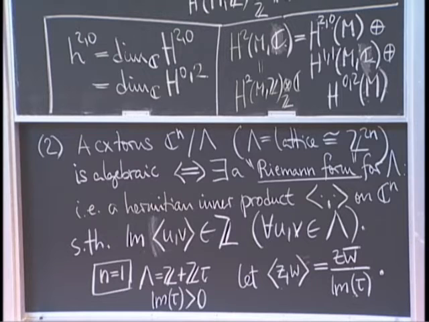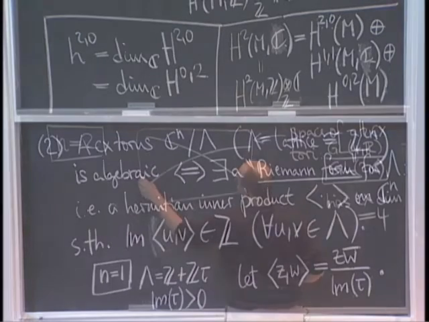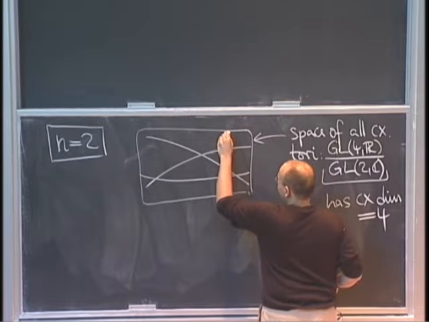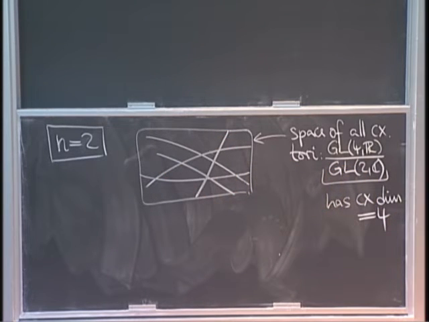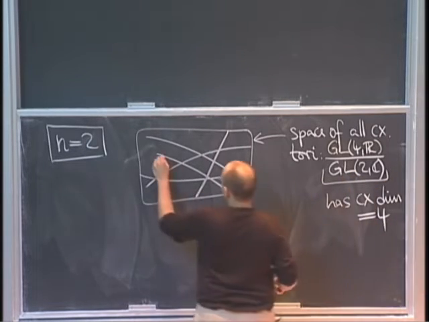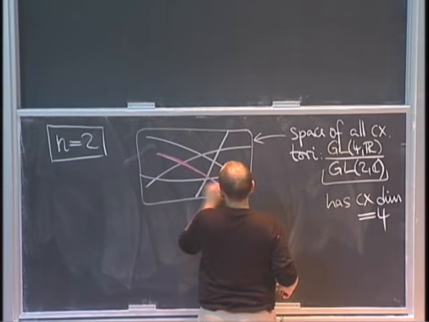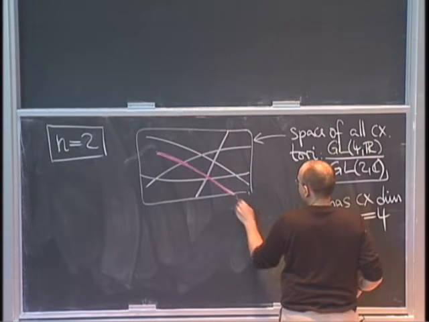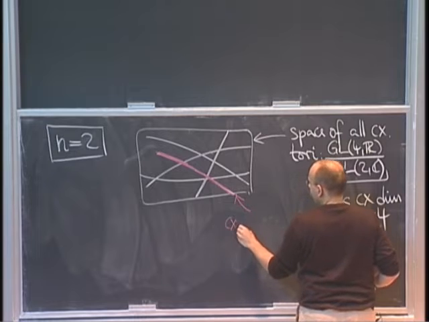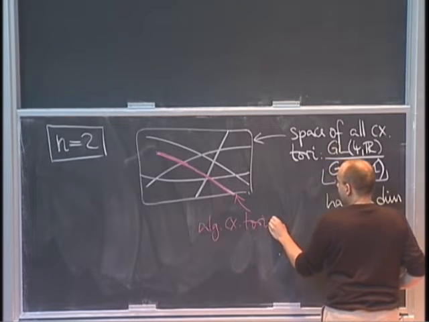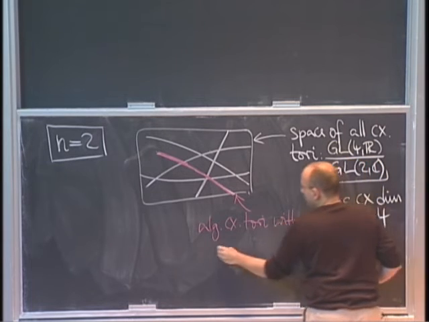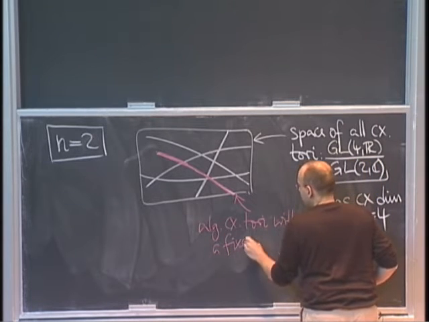The picture is that this space is actually filled with complex hypersurfaces, and they're dense. There's countably many, but they're dense, so they're like Q in R. Algebraic complex tori with a fixed choice of Riemann form.